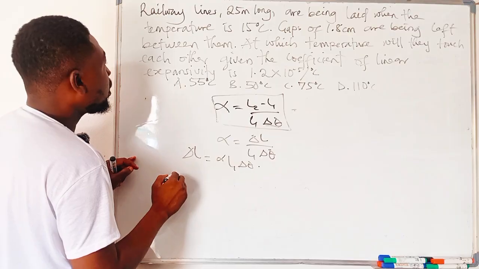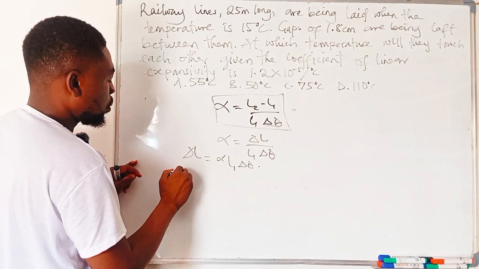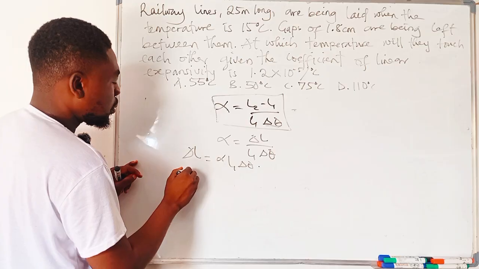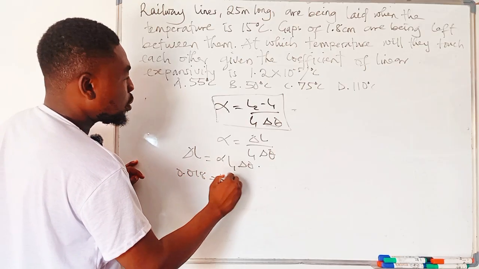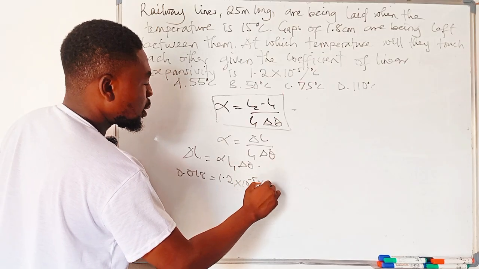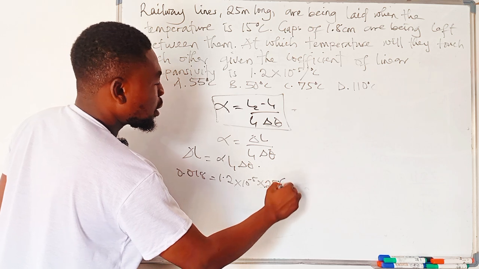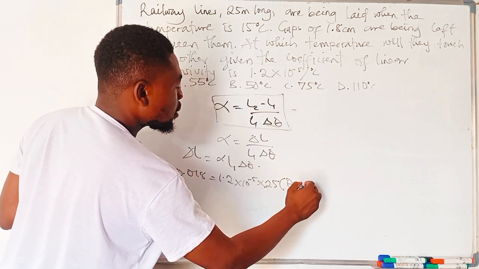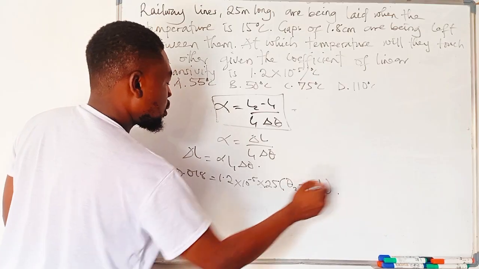So we have 0.018 equal to 1.2 times 10 raised to power minus 5 times L1, which is 25, times bracket theta 2 minus theta 1, which is 15 degrees Celsius.